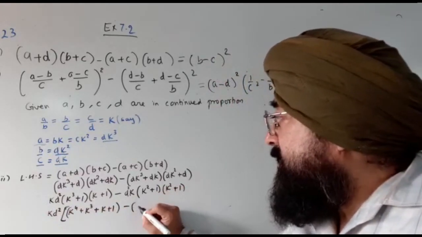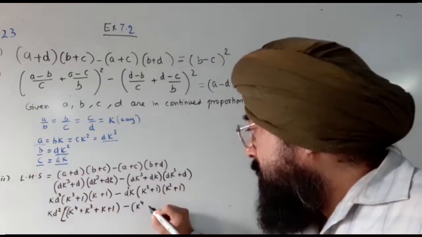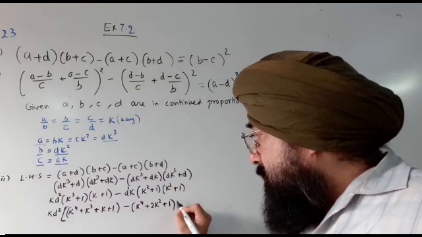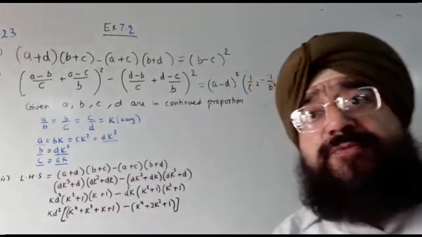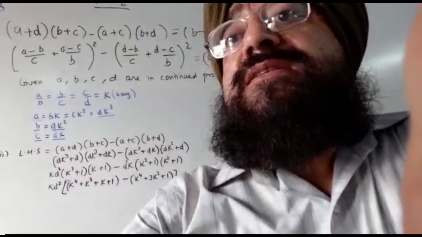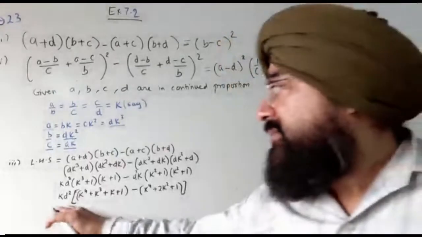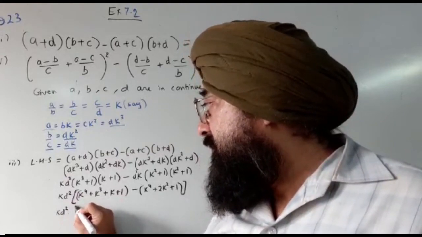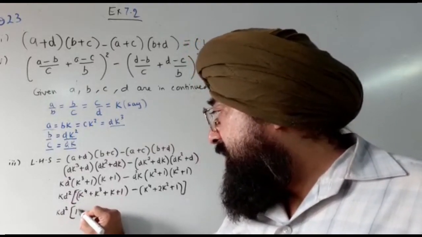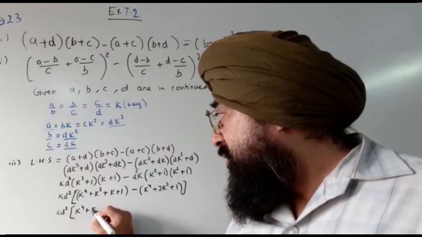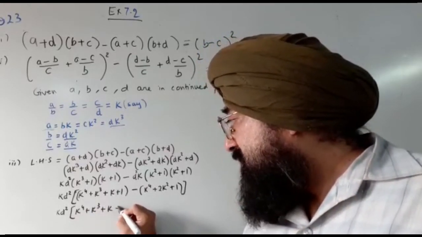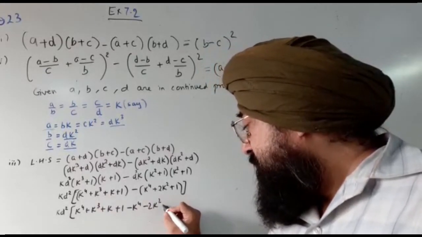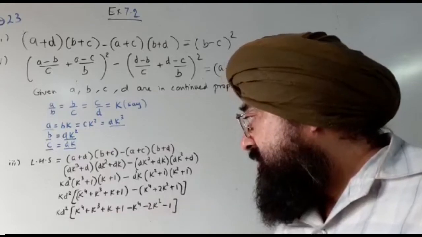I get inside the bracket K to the power 4 plus 2K square plus 1. So that will cost me one more step. K to the power 4 plus K cube plus K plus 1 minus K to the power 4 minus 2K square and minus 1, isn't it?